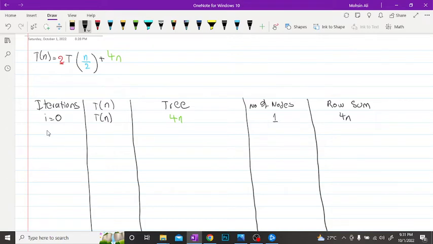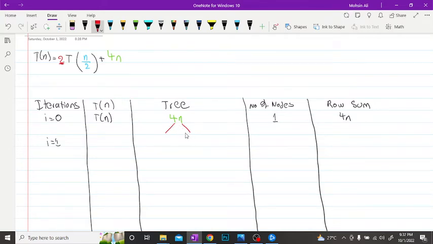Next, we have the next iteration, which is going to be i equals 1. And the tree would then diverge, or it would divide into two branches. And this is basically signified by the value written before the recursive function. So before T of n by 2, this 2 signifies how many branches I will have.